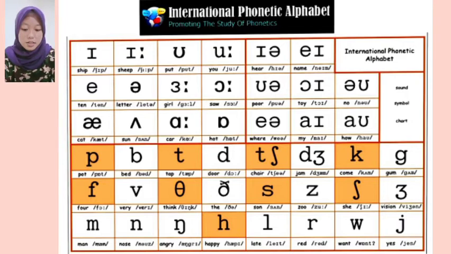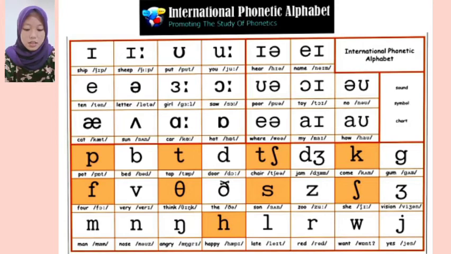The example is name. The next one is u. The example is poor. The next one is oi. The example is toy. The next one is oh. The example is no.